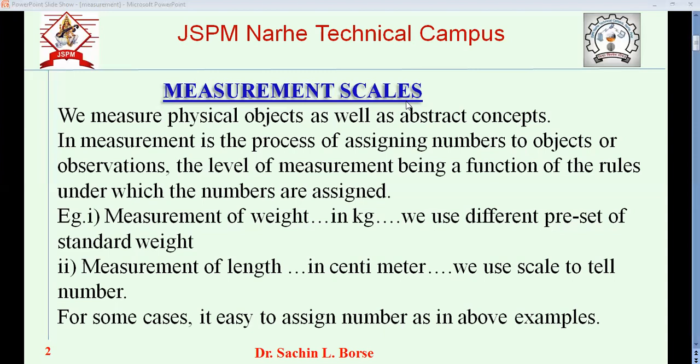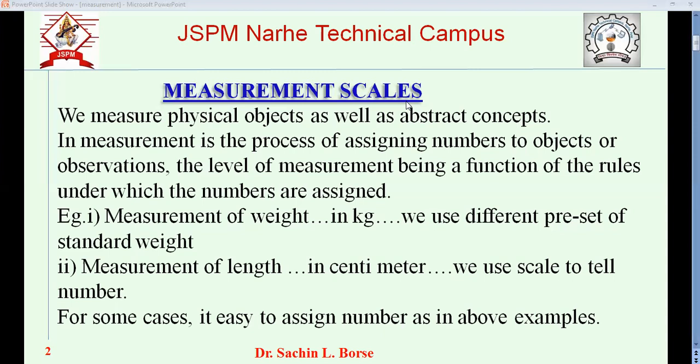So for example, we can measure the weight. In normal language, it is called weight, but in technical language, we call it mass. Earlier, the unit of mass and weight was the same. But now in the International System, the unit of weight is Newton and the unit of mass is kg.